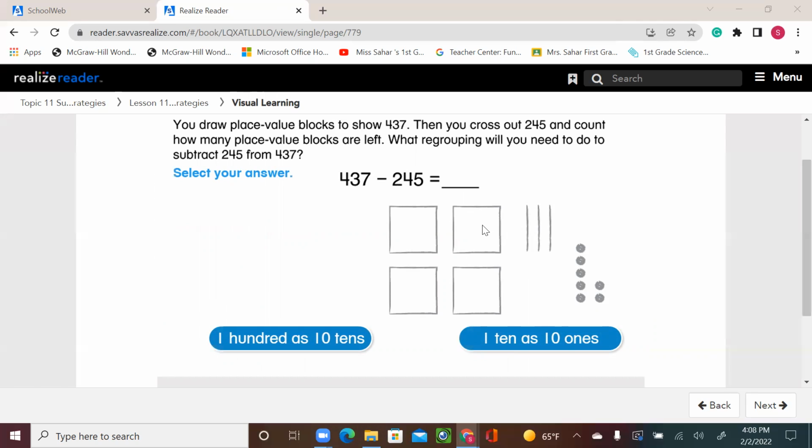So we draw the hundreds: 4 hundreds, 3 tens, and 7 ones. Now we need to take away 245. If I take 200, I need to take 4 tens, 40. I know that I only have 3 tens, so that means I need to regroup 100 as tens.